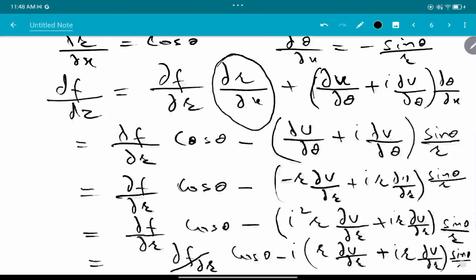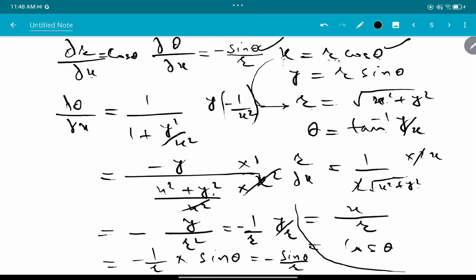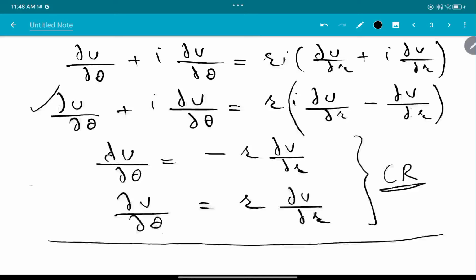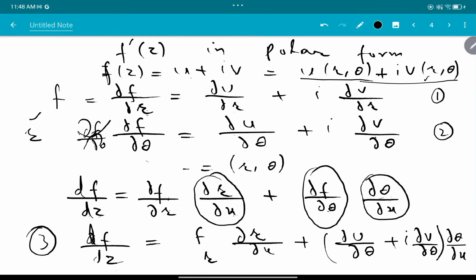Next, once again, we will take r common. This will be i r, and we will be left with del u by del r plus i del v by del r, which is exactly del f by del r. You can see for your satisfaction, here: del f by del r is del u by del r plus i del v by del r.